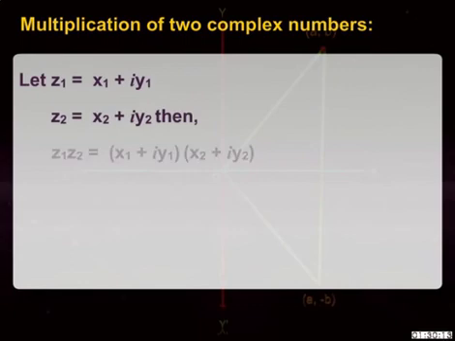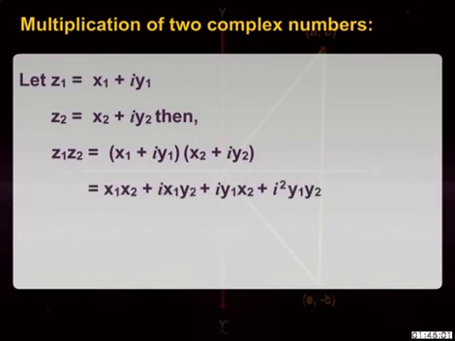Then their multiplication, that is z1 into z2, is equal to x1 plus iota y1 into x2 plus iota y2, that will be equal to x1 into x2 plus iota into x1 into y2 plus iota into y1 into x2 plus iota square into y1 into y2.